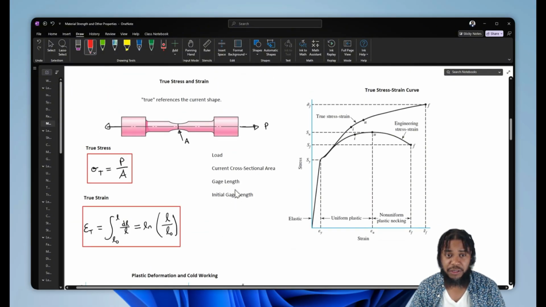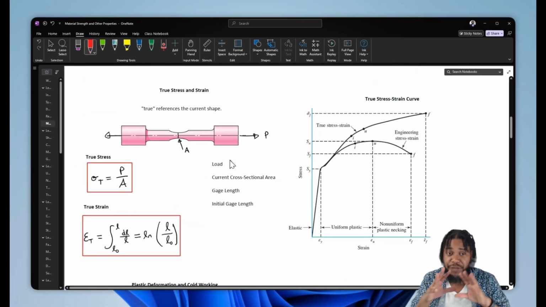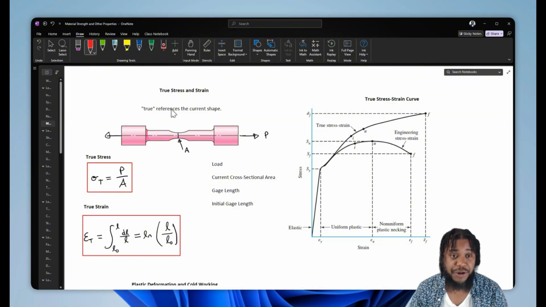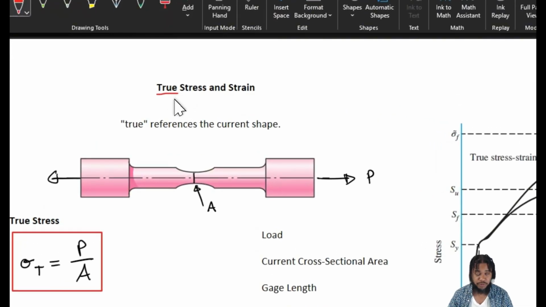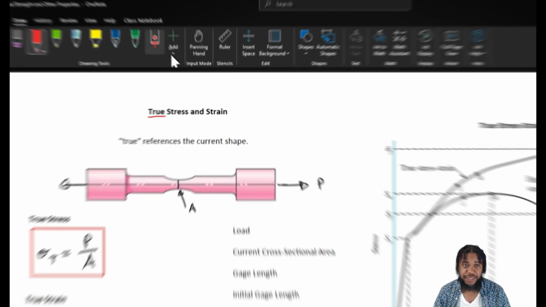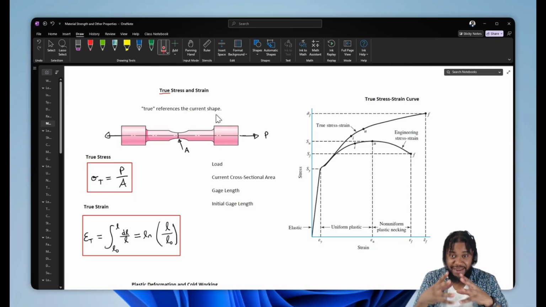Now, we've talked a lot about the stress strain curve in terms of engineering stress and strain, but there's also another way to calculate stress and strain in terms of the true values of stress and strain. This is in reference to the current shape or the actual shape of our part at every instant as we pull it apart.